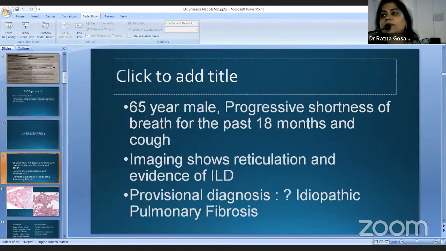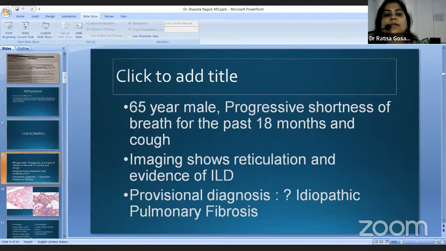This is abnormal. This is definitely abnormal. There is architectural distortion, and this architectural distortion is due to the presence of what is this? These bands, these pink bands. What are these? These are fibrosis. These are dense bands of fibrosis.